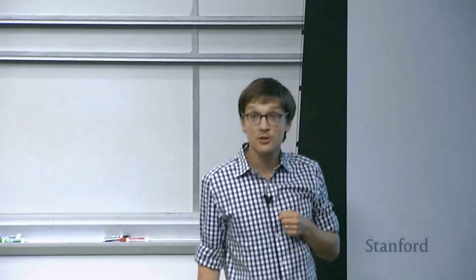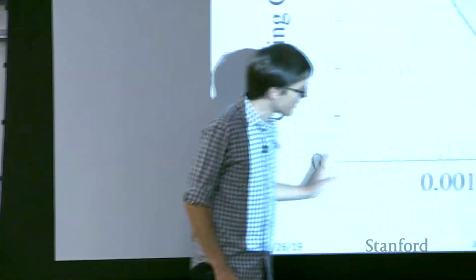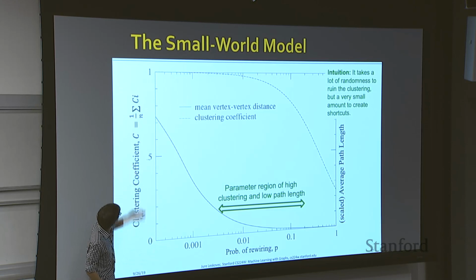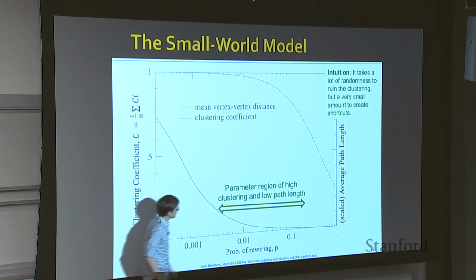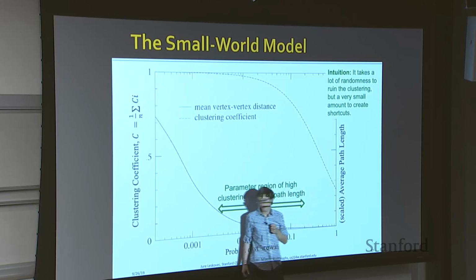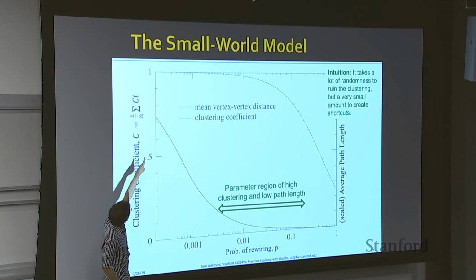And I can now show you the results of this computational experiment, right? So on the x-axis here, we have the probability of rewiring, right? Y-axis here is average clustering coefficient, and on this side is average shortest path length, right? When p equals 0, we have high clustering and high diameter.